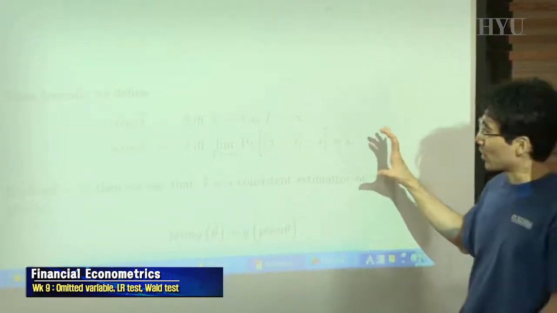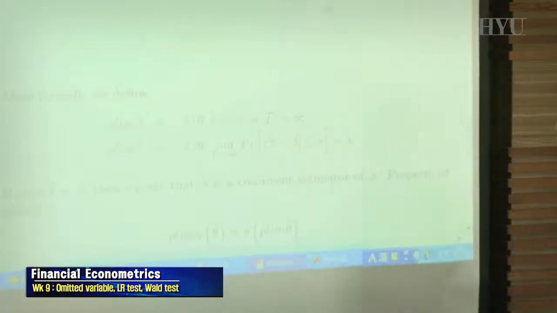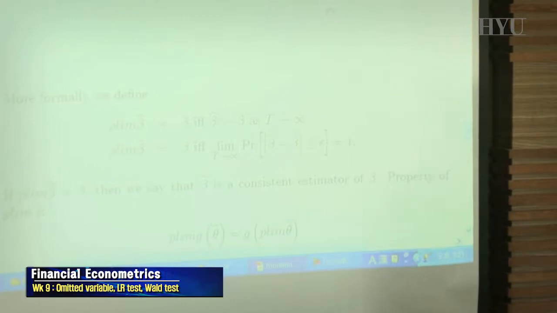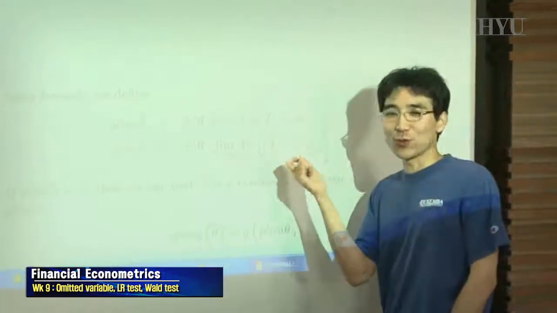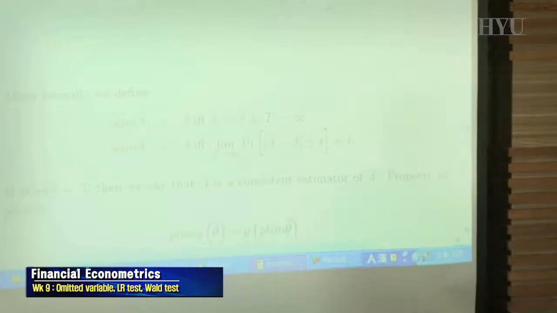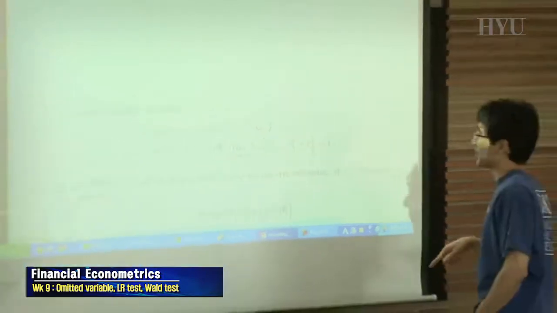So in probability they get closer and closer. If we have a large number of data, they are very close to each other. That's the definition of the probability limit.